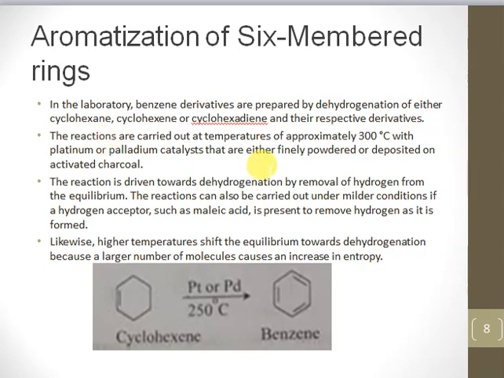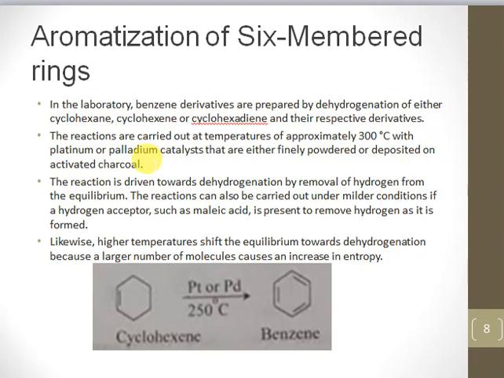So in order to carry out the aromatization by using platinum or palladium, we have to maintain a high temperature, approximately 300 degrees C with these catalysts. And the reaction works well if the palladium or platinum catalysts are used as finely powdered. So either you have to use the catalyst in a finely powdered state or they have to be deposited on activated charcoal.